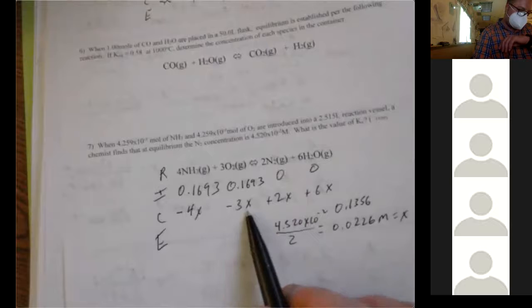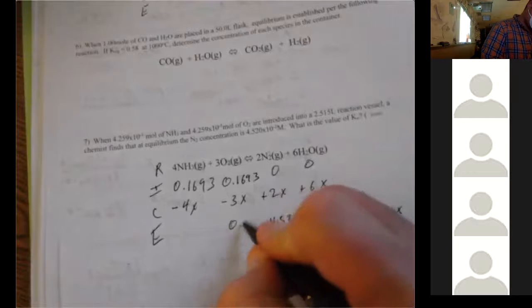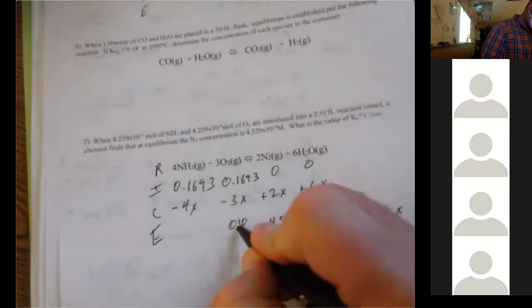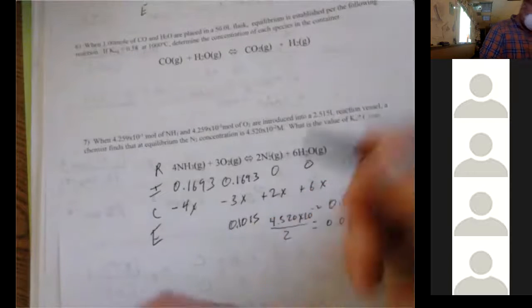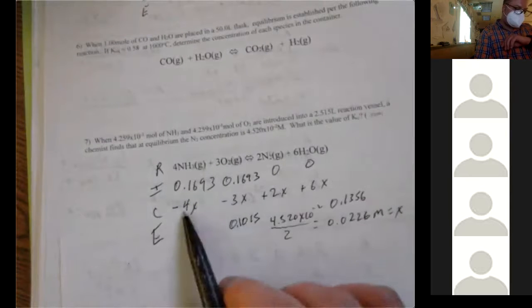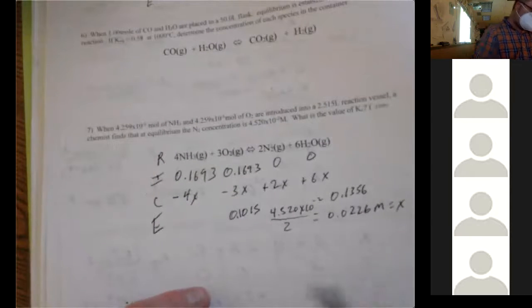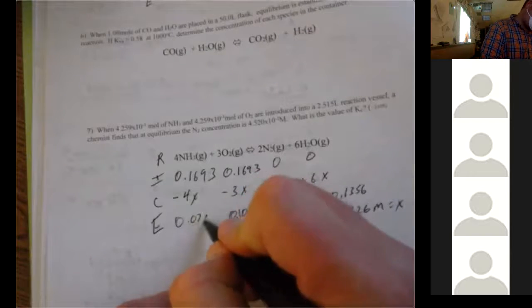0.1693 minus 3 times 0.0226 is 0.1015. 0.1693 minus 4 times 0.0226, the answer is 0.0789.